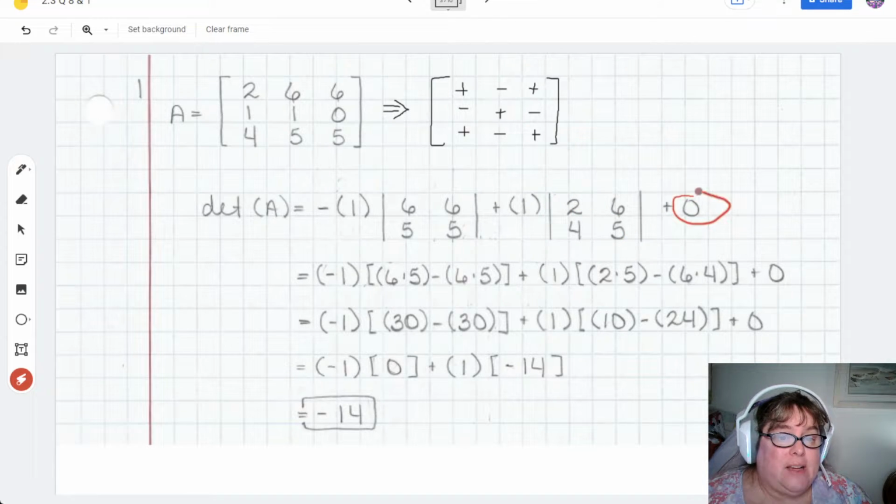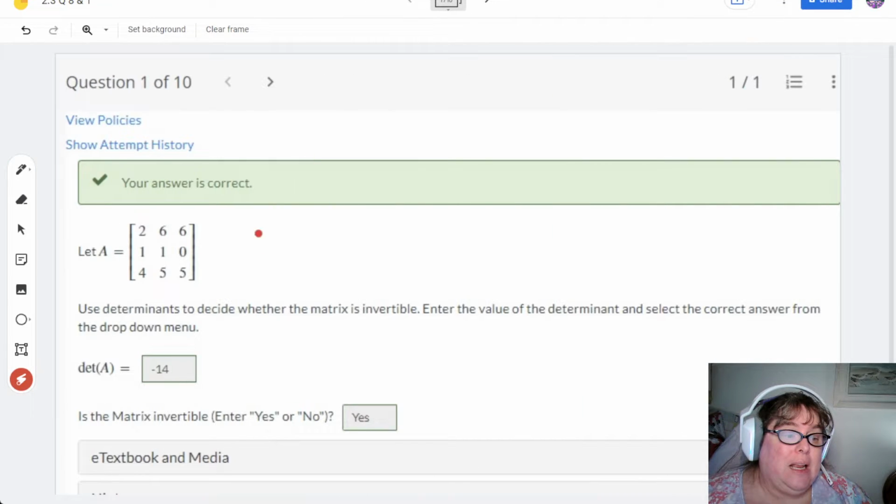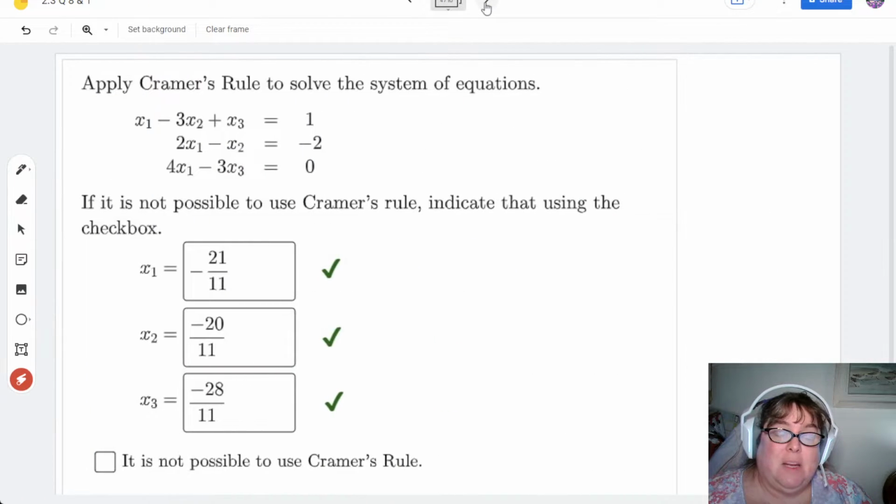And then the third factor is a 0, so anything multiplied by 0 is just a 0, so I didn't write it in. If you choose to, you can. Then you calculate out your cross products, and we end up with a determinant of -14, which is not 0, and therefore it is invertible. So that's number 1. Really simple, really straightforward.